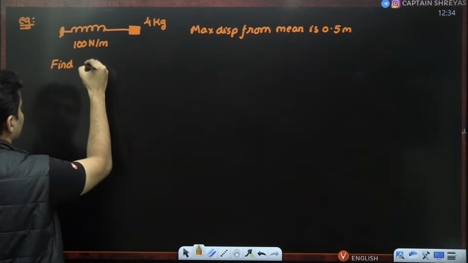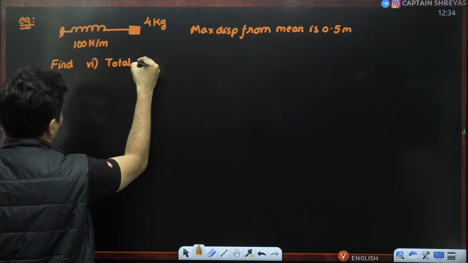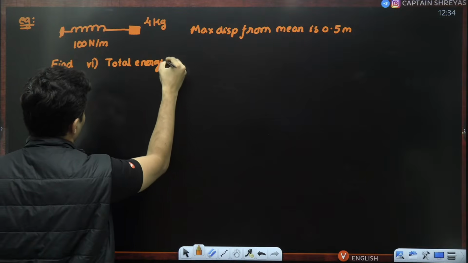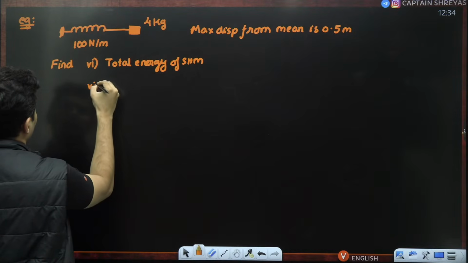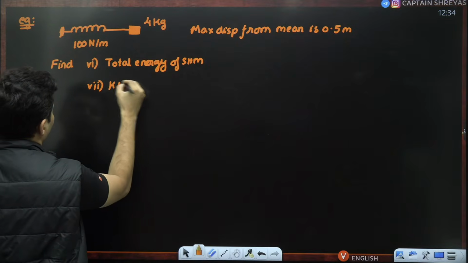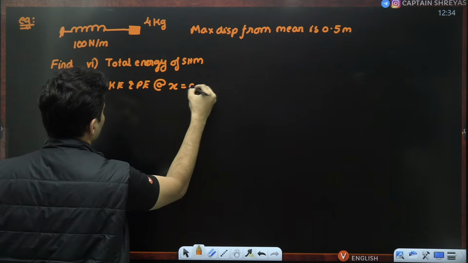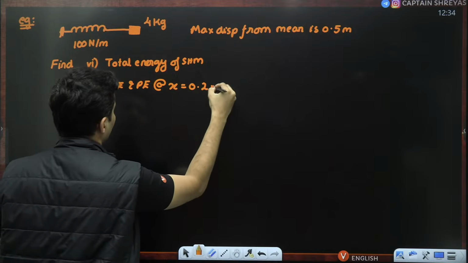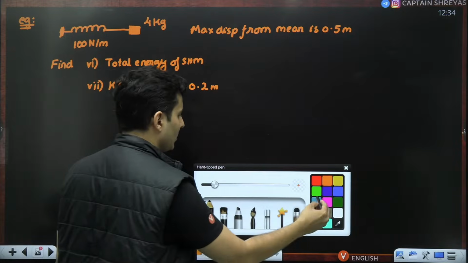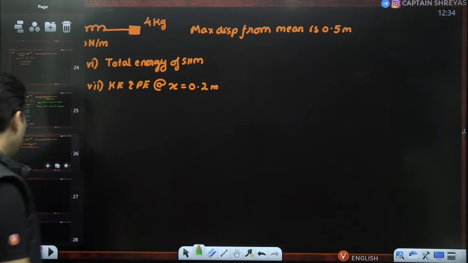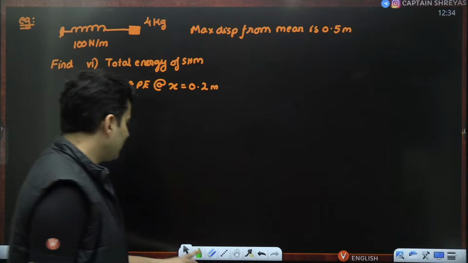Next thing, the 6th thing is the total energy of SHM. 7th, kinetic and potential energy at x equals 0.2 meters. That is the question. Come on, let's see if you guys can figure this out.